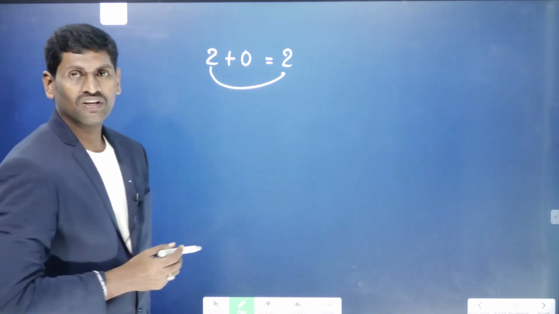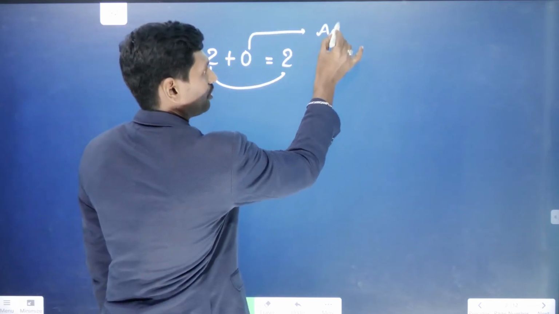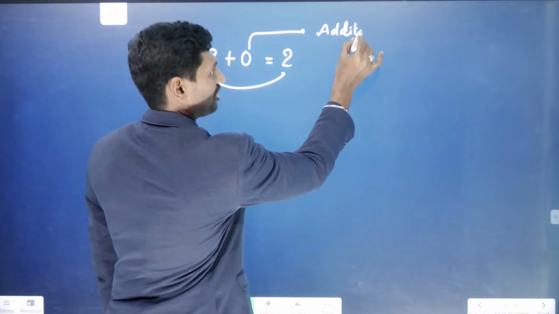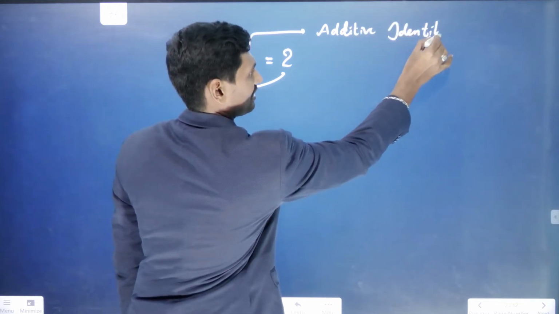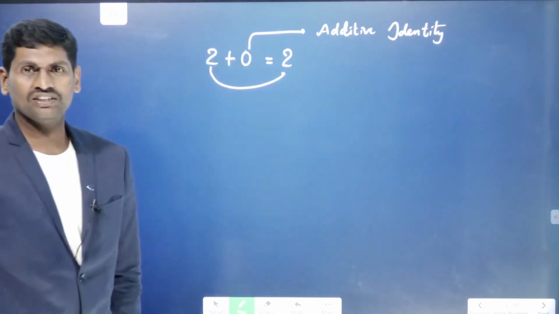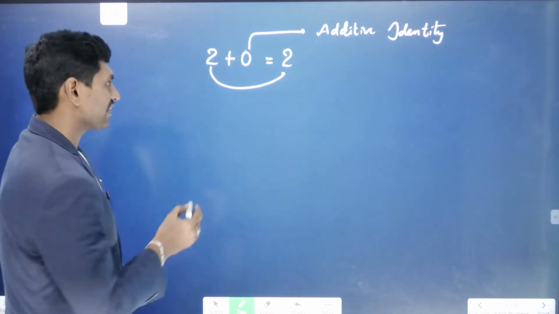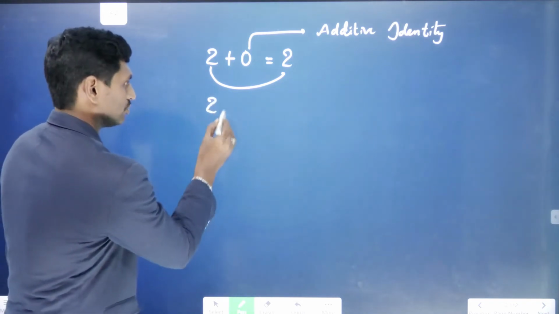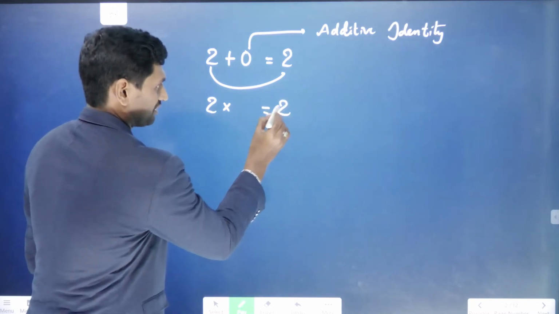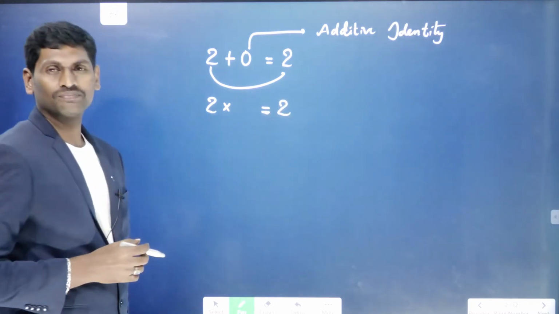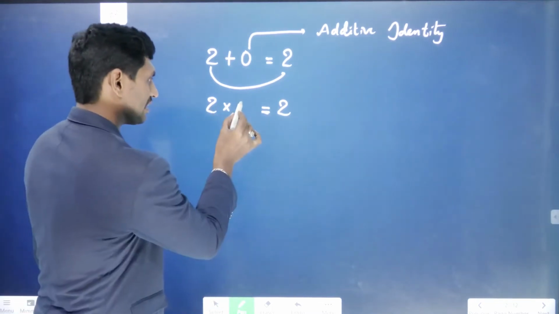So 0 is called the additive identity, because we are doing addition here. In the same way, I multiply the same number 2 with another number, but the identity of 2 should stay the same. What number helps here? 1.